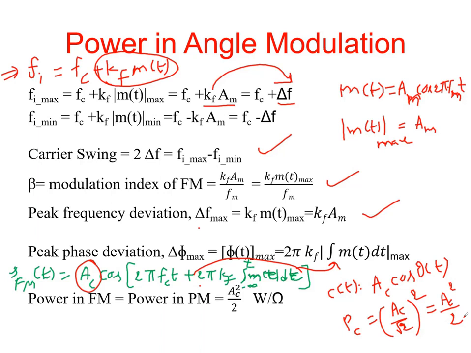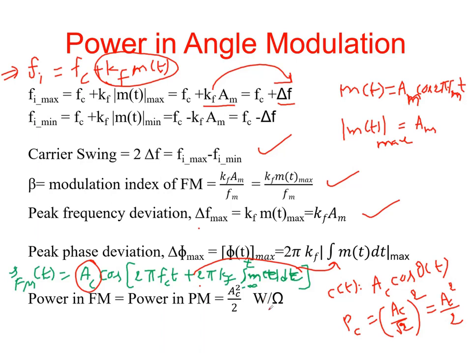Okay students, have you understood how you are calculating the power? Since for PM also you have the same equation, Ac cos 2 pi fc t plus Kp times m of t, there also the amplitude of the carrier remains constant as Ac. That's why there is no change in the power of FM or PM, which is always Ac square by 2, and the units are watt per unit resistance or watt per ohm.